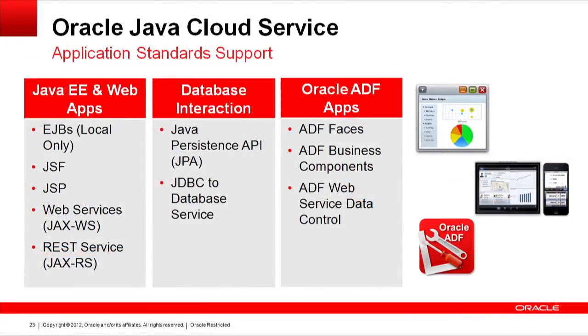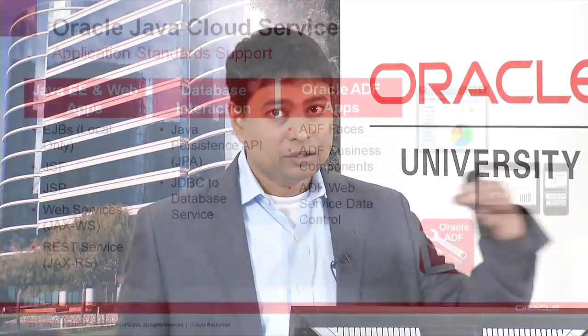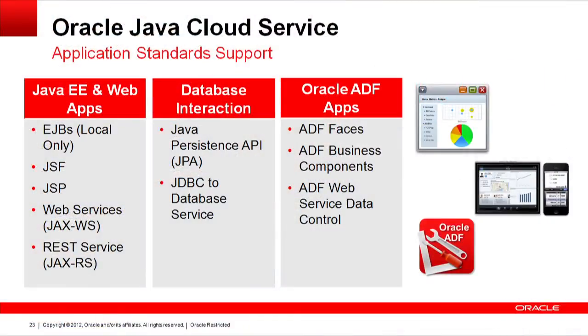The only protocols that are allowed between the external world, the internet, and the Oracle public cloud are either HTTP or HTTPS based. RMI and any other protocols are not supported from outside to inside. Within the service, we have enabled RMI and other protocols to communicate, but not from outside to the inside. That's because it's in the cloud.